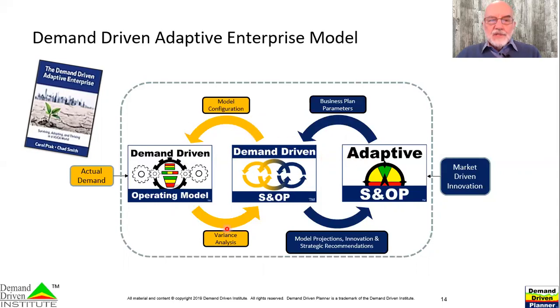So we have this continuous feedback up and down our supply chains, from strategy through tactics, through operations, and then back through tactics, and then back to strategy again. Of course, strategy being driven by market-driven innovations. If you want to know more about this demand-driven adaptive enterprise model, then this is the book to go and get.